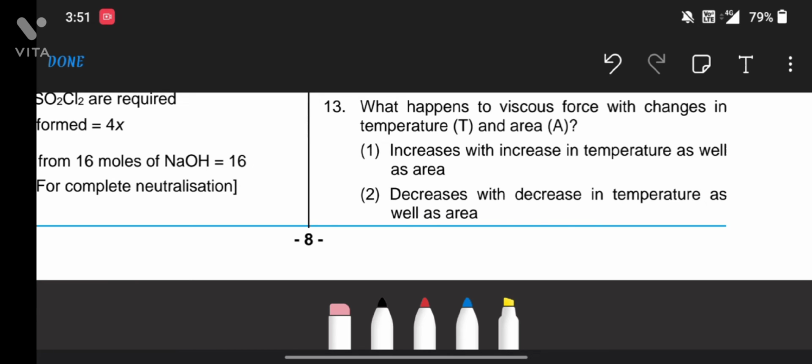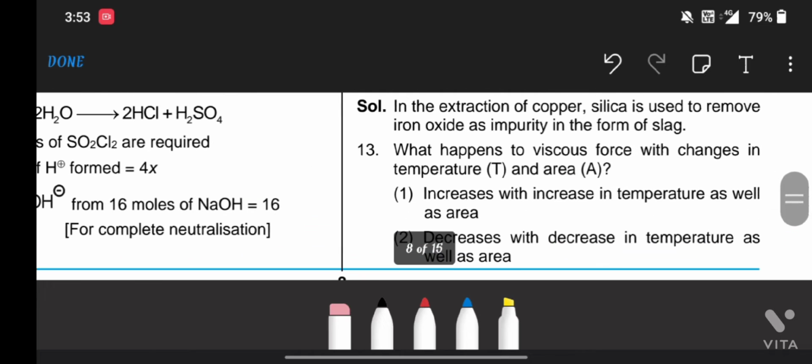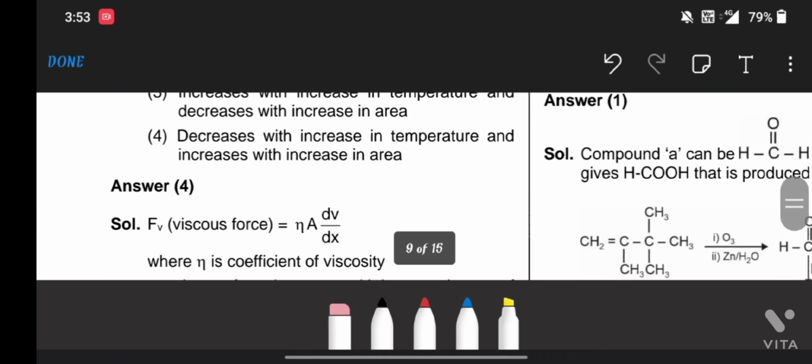Option 2 tells us that if there is a decrease in temperature as well as area, the viscous force will decrease. Next, option 3 says it will increase if there is increase in temperature and decrease if there is decrease in temperature.